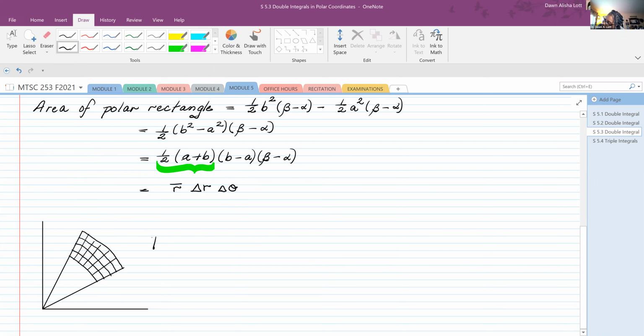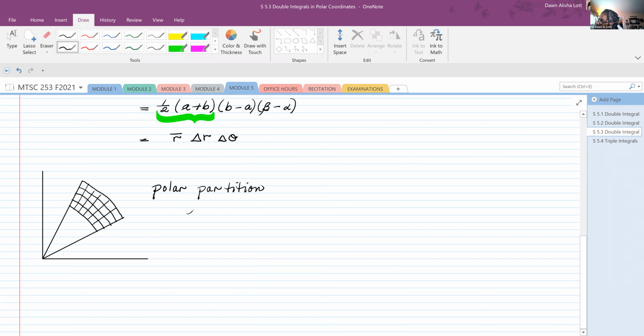Okay, so I have a polar partition. With this polar partition, I take A equal to R naught less than R1 less than, and I break it up into M values of R, and alpha equal to theta naught less than theta 1 less than theta n, which equals beta.